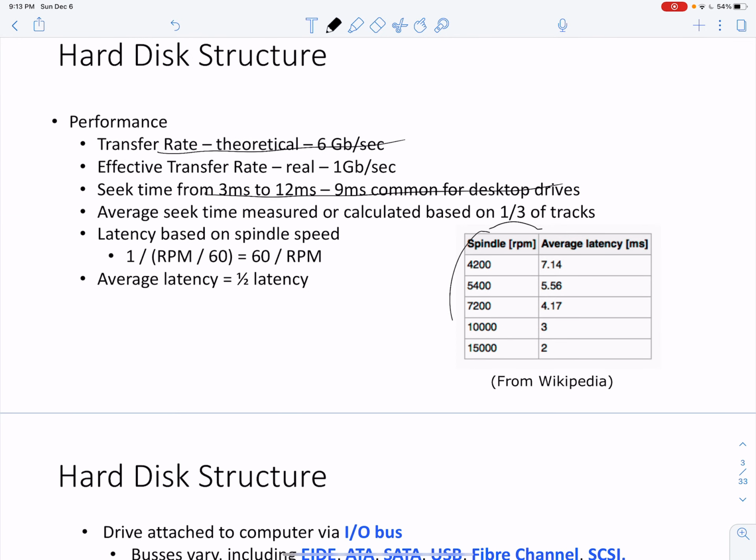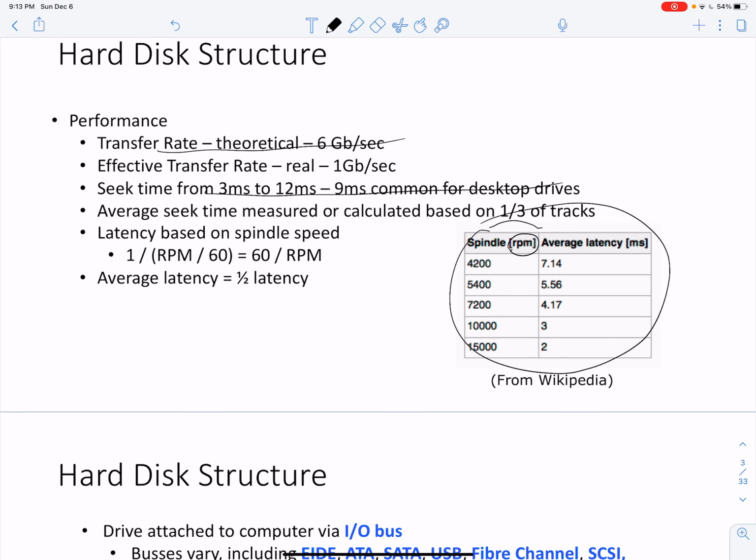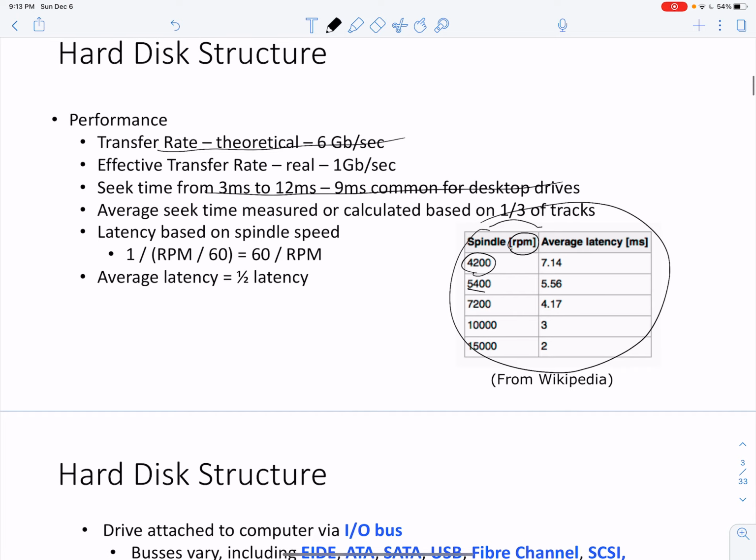If you have a hard drive with 4200 RPM, meaning rounds per minute, how many rounds it can rotate in 1 minute, then the average rotational latency is around 7 milliseconds. Whereas with a hard drive of 5400 RPM, it's around 5.5 milliseconds.